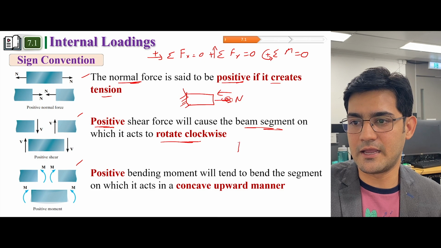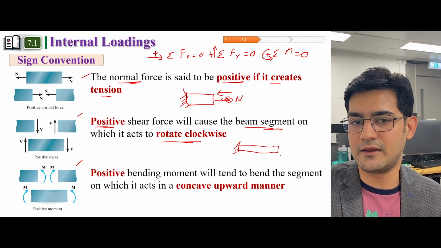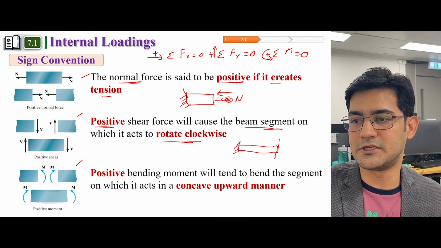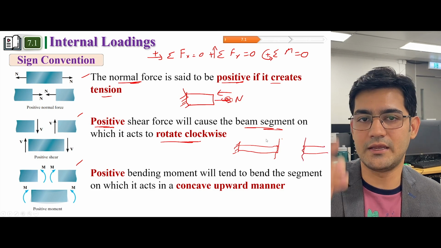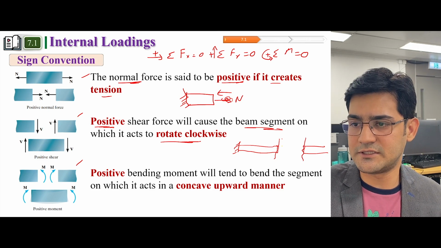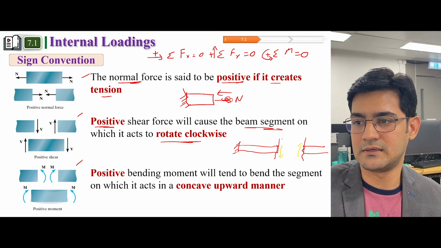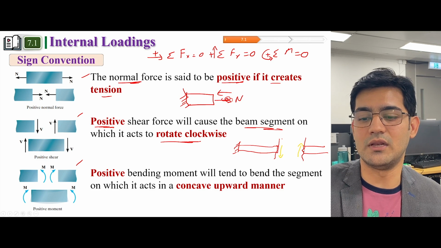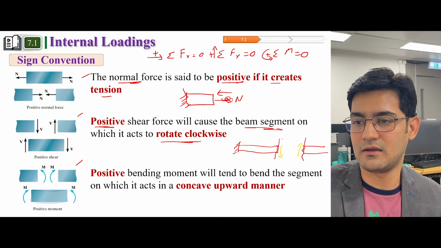For example, again, this is a cantilever beam, and if we expose the internal forces, we cut, took the segment and exposed the forces, so you have a shear force which is acting downward, and in this case, because it's the other side, we'll change the direction. So in this case the force is acting upward.